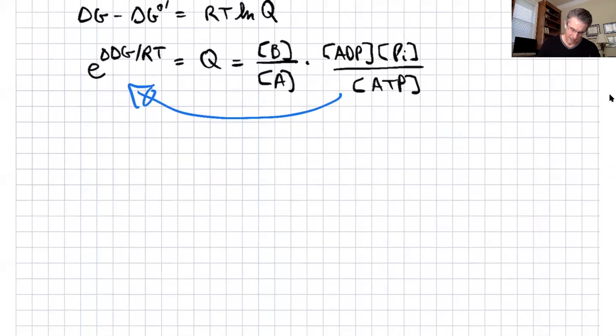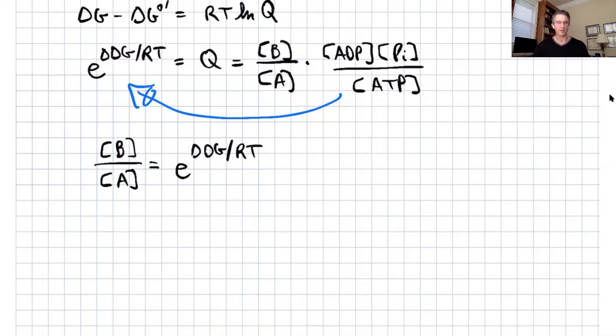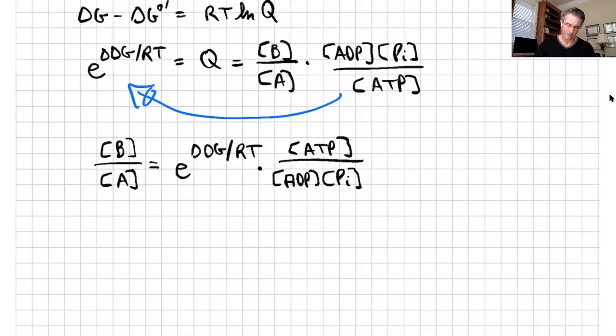What that has to mean is that the concentration of B over A under cellular conditions is just going to be equal to e to the delta G divided by RT, raised to the exponent, times the concentration of ATP over the concentration of ADP and inorganic phosphate under cellular conditions. Okay, so here's the trick.